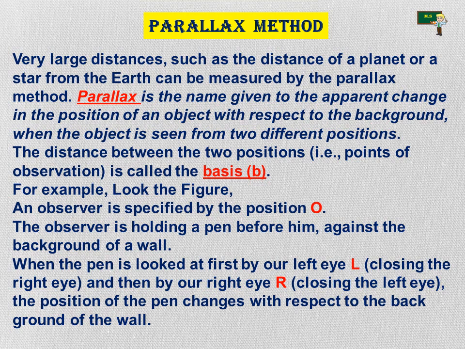Then look with your right eye, closing the left eye, and you can see the difference between the position of the pen. If you close one eye and have the pen in front of you, then you can see some variation in the position of the pen.